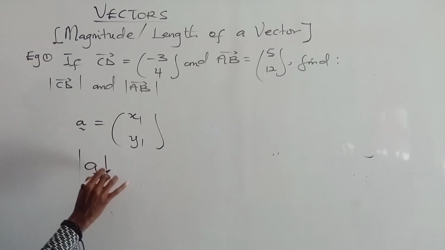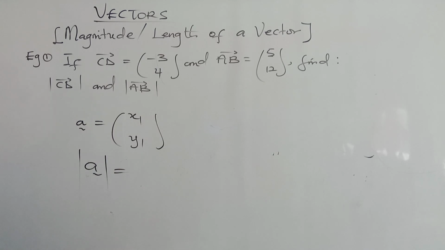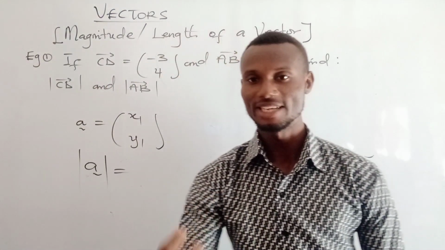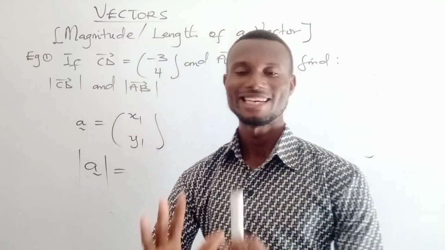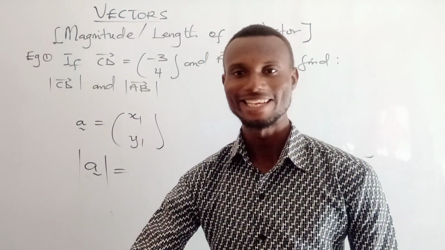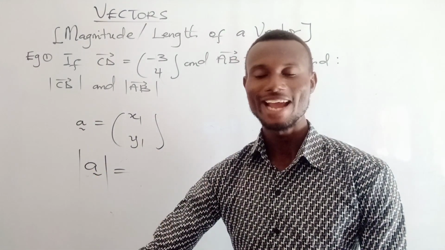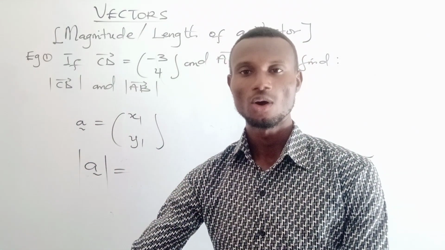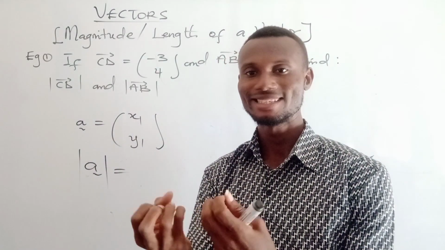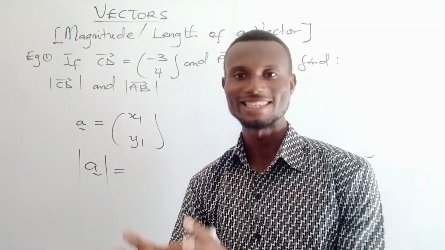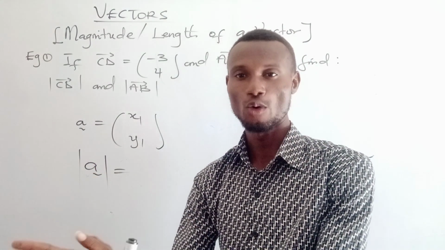So we bring the two lines, equal to, now the formula or the rule says that to find the magnitude or the length of any given vector, you find the square root of the sum of the squares of the components of that given vector. I hope you are okay with it.